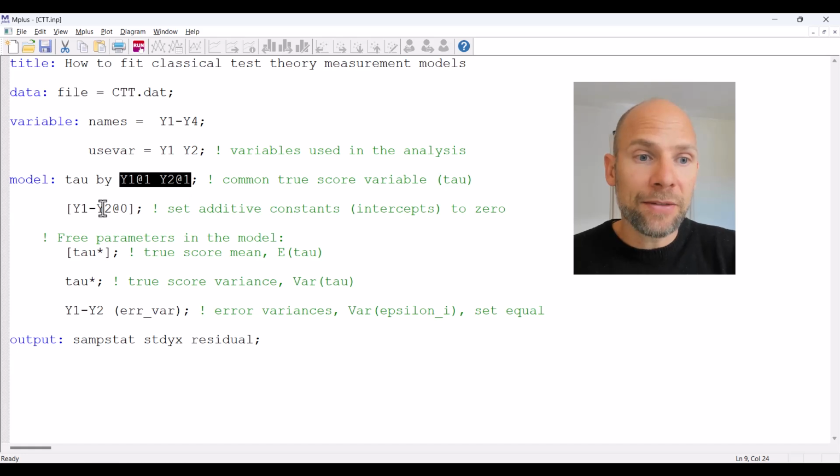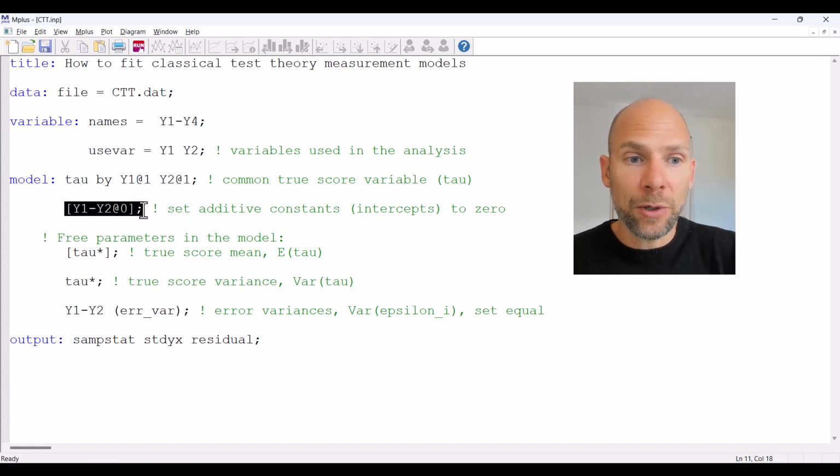Next is a specification of intercepts, which Mplus adds by default. When you run a confirmatory factor analysis model, intercepts or additive constants are added to the measurement model. And in the strictly parallel model, there are no intercepts. So the variables all are assumed to have equal means, meaning there's supposed to be equal scale difficulty under this model.